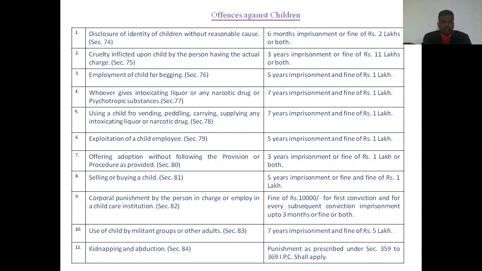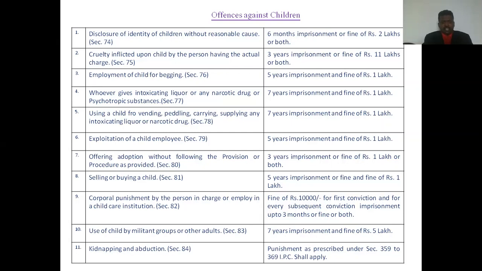The fifth one is using a child for vending and peddling, carrying, or supplying any intoxicating liquor or narcotic drug. That is also 7 years of imprisonment and a fine of rupees 1 lakh. The sixth is exploitation of a child employee. Section 79 clearly talks about that. The punishment is 5 years imprisonment and a fine of rupees 1 lakh.